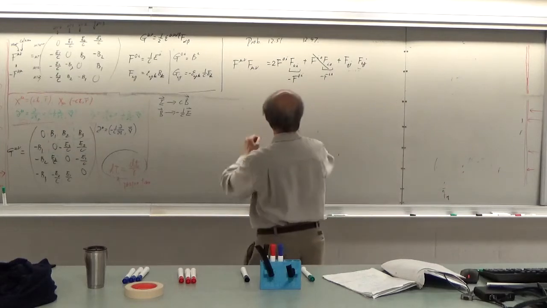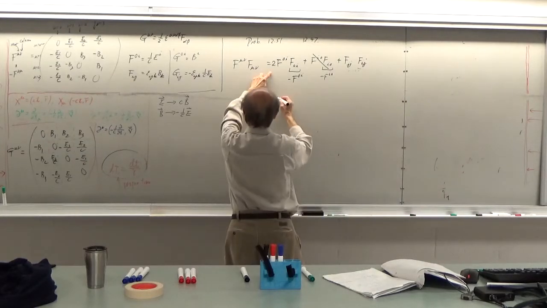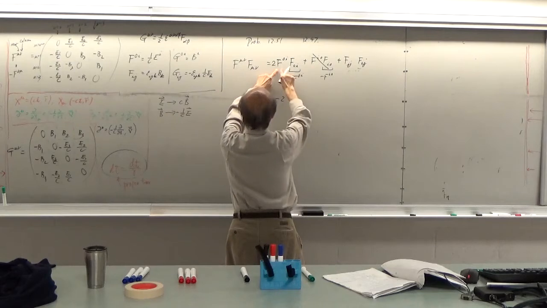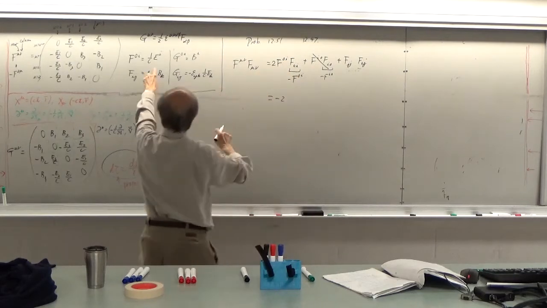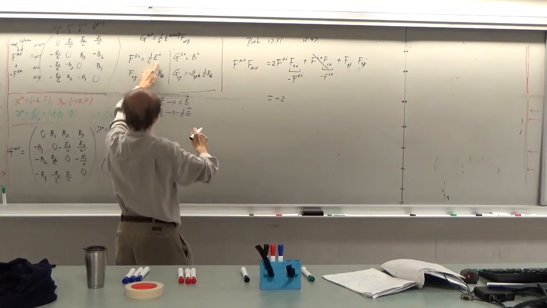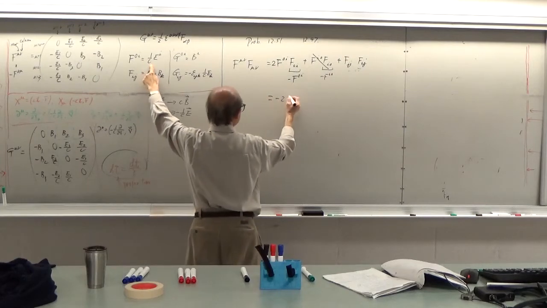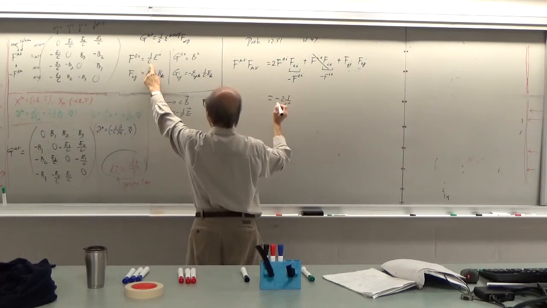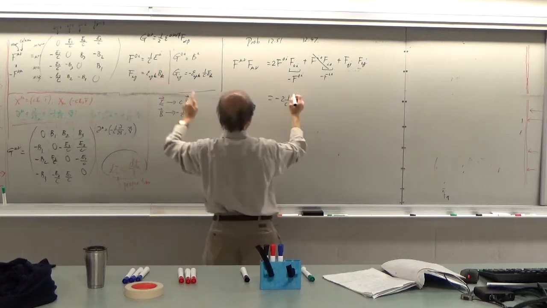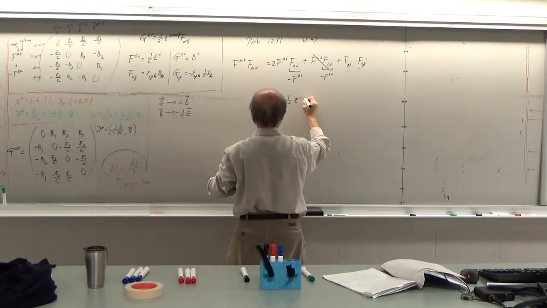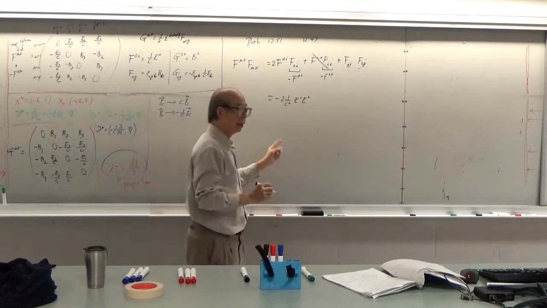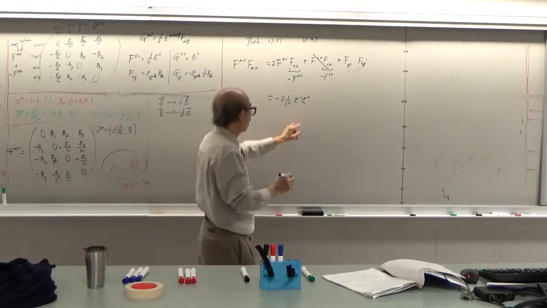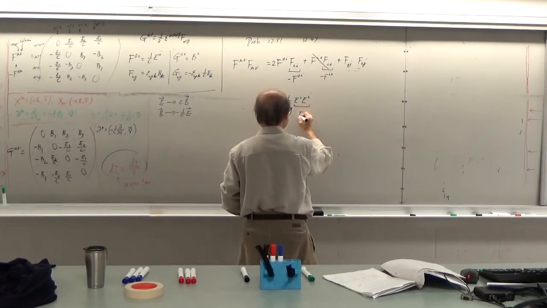So I now have minus 2 times F0i F0i, which, of course, has two factors of 1 over c, so 1 over c squared, then EI EI. Summation over i is nothing but E squared.